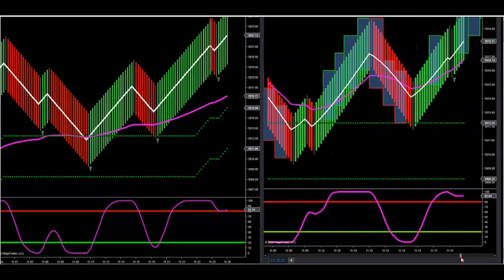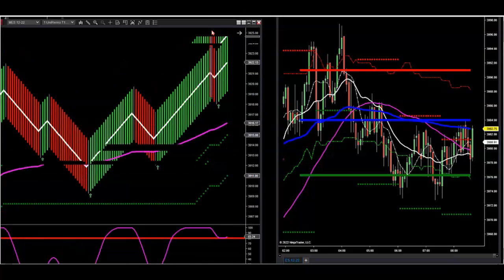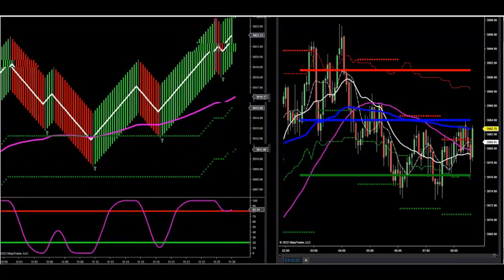So then you can use your smaller time frame and say, okay, I see us coming into the Momo. Oops, where'd it go? I see it coming into the momentum trade. Hold on one sec. Let me get it back up here.